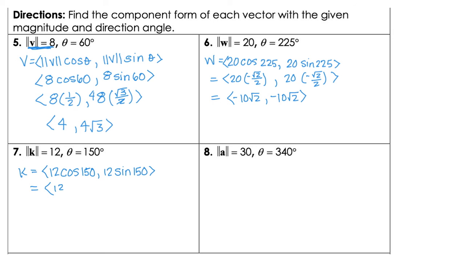And we're in the second quadrant, so it's going to be 12 times negative √3/2, comma 12 times positive 1/2. And so 2's will cancel. And so you're going to get negative 6√3, comma 6.